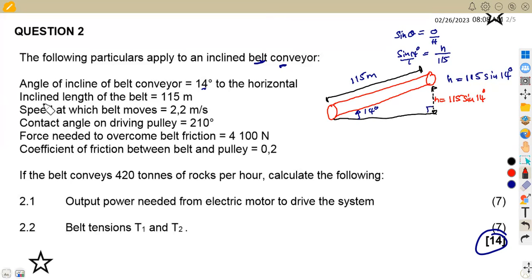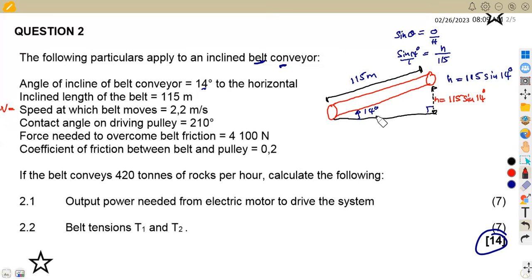All right, so what else are we given? The speed at which the belt moves, so this is your velocity. The contact angle, take note, the contact angle is the one that is referred to as theta.